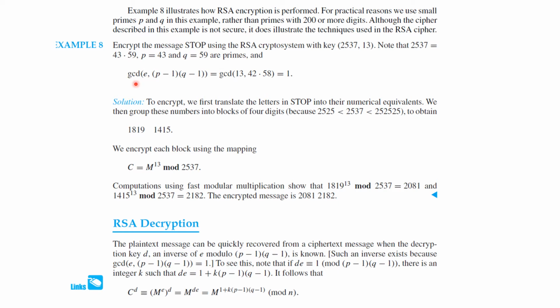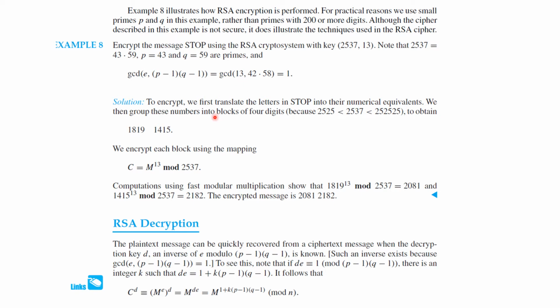And we need an e such that the GCD of e and (p-1)(q-1), which is 42 times 58, is 1, so we can pick e to be 13.